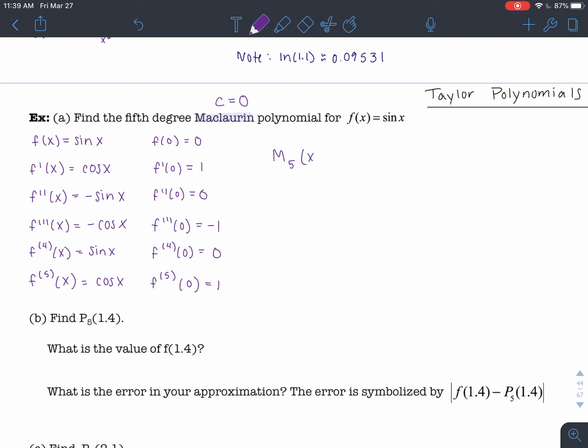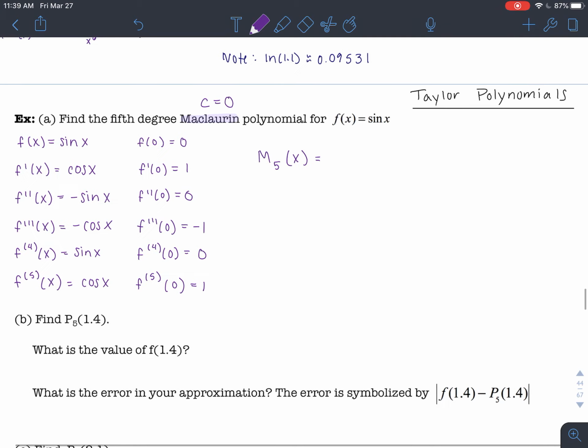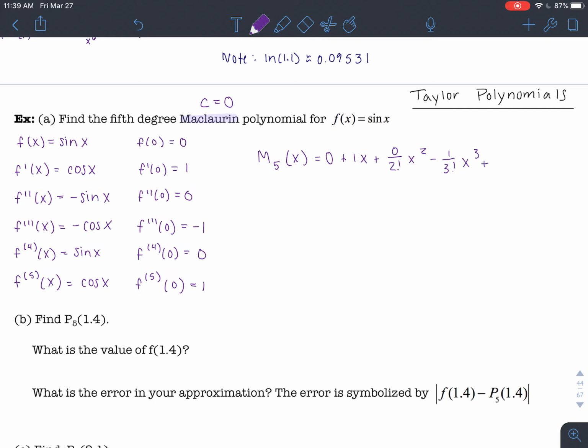So, right, we got our fifth degree Maclaurin polynomial. Some people use an M for Maclaurin polynomials, so we'll go ahead and use an M. So we have fifth degree Maclaurin is going to be our function value, so 0. We're going to write out all of the terms here, plus our first derivative times x minus 0, which is just x, plus 0 over 2 factorial times x squared.